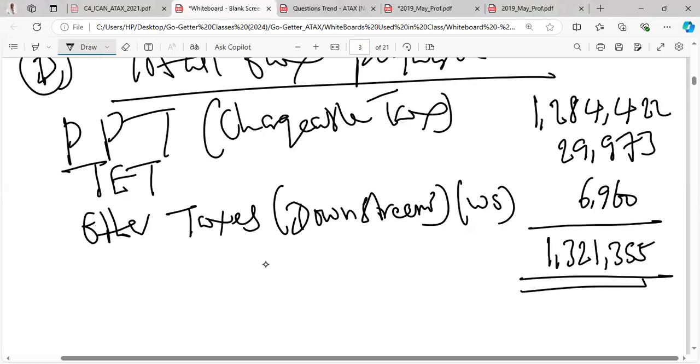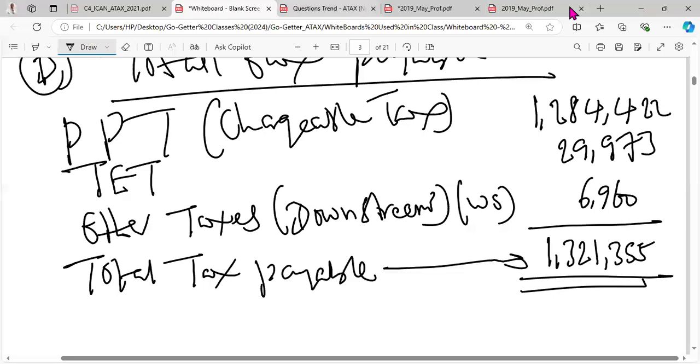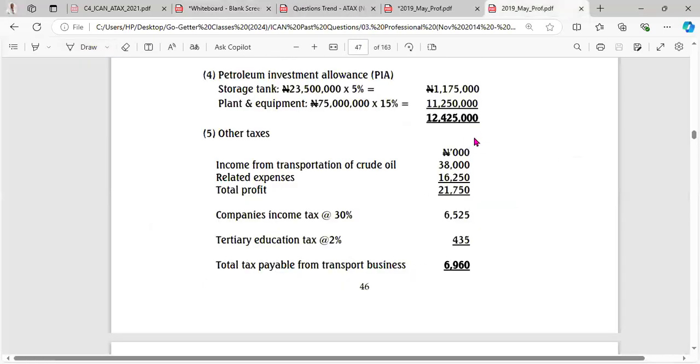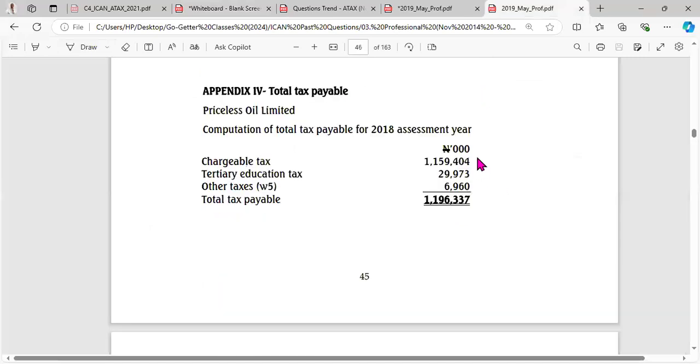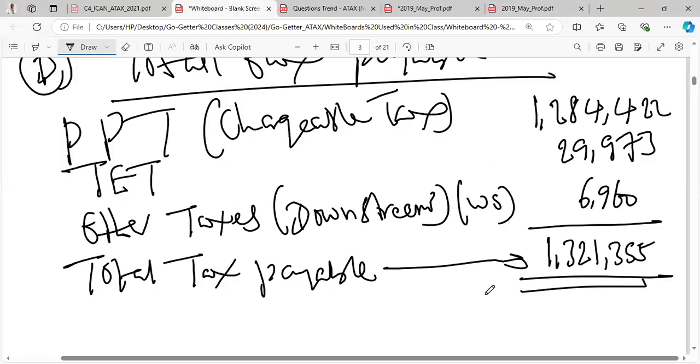That's your total tax payable. It's slightly different from theirs because of slight differences in calculation. But the thing is that in principle, we've done everything that needs to be done.